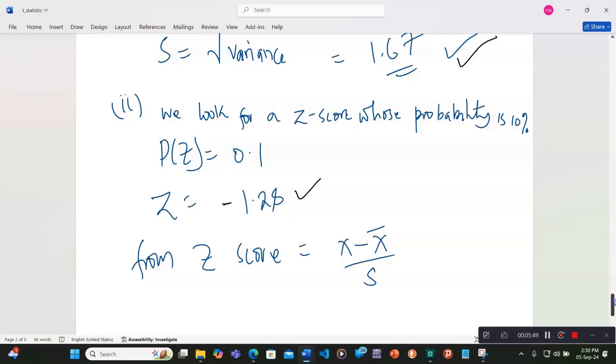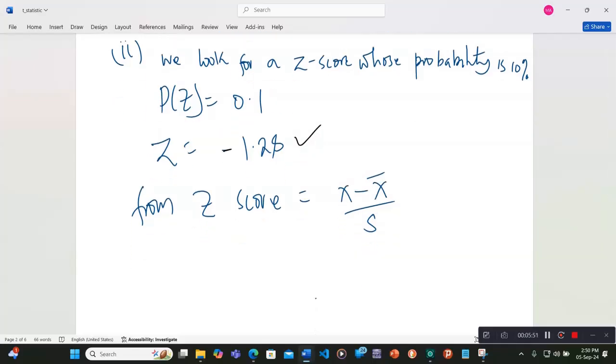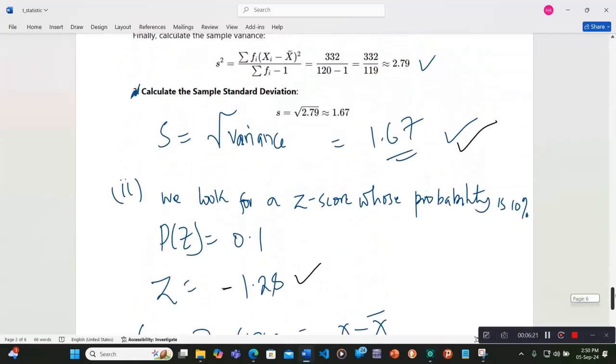From the fact that the z-score is any value x minus the sample mean divided by the sample standard deviation, that will be negative 1.28, which is equal to x, the value we are looking for, minus the mean, which is 11, divided by the sample standard deviation, which is 1.67.